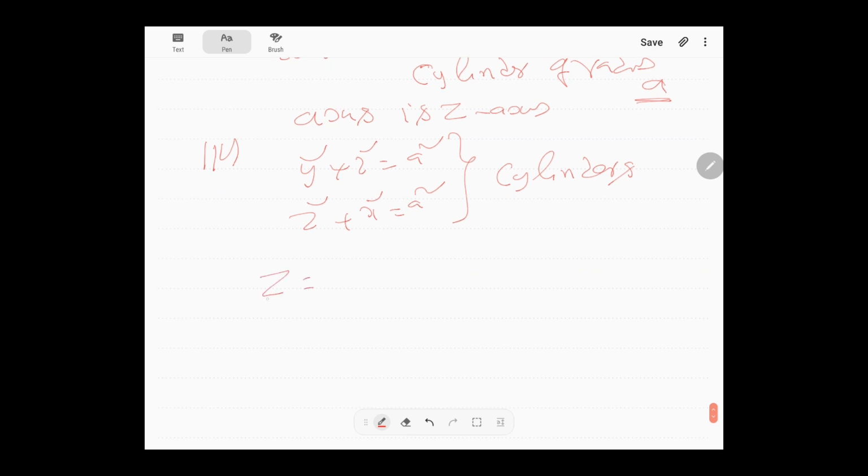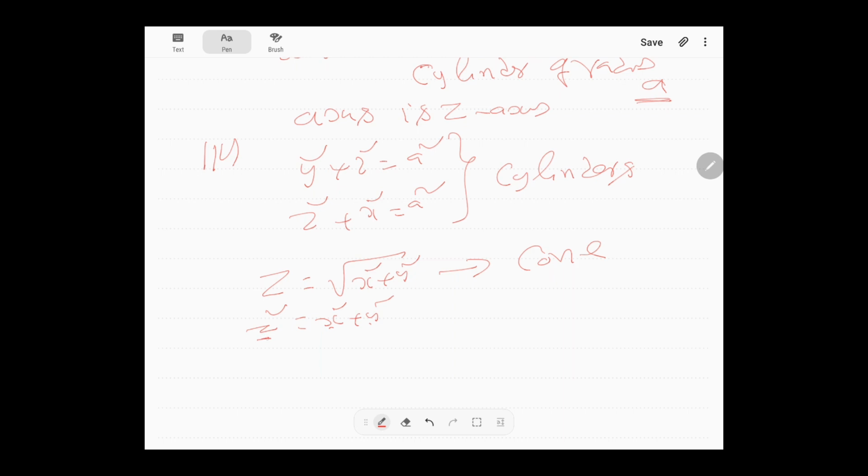Similarly, the variable z is equal to root over x square plus y square represents a cone. That means here I have z square is equal to x square plus y square. X square plus y square is equal to some constant square, that is a cylinder.